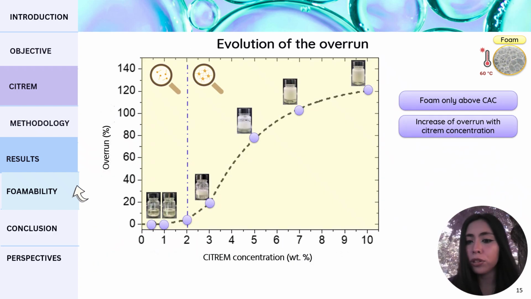If we study the evolution of the overrun, we can see the increase of overrun with the Citrem concentration.